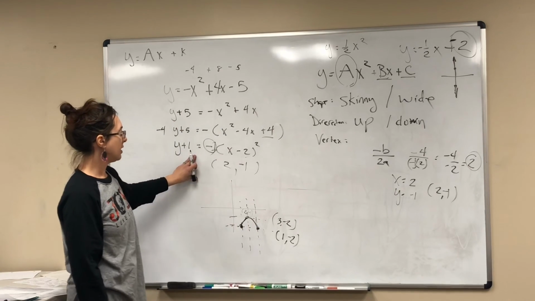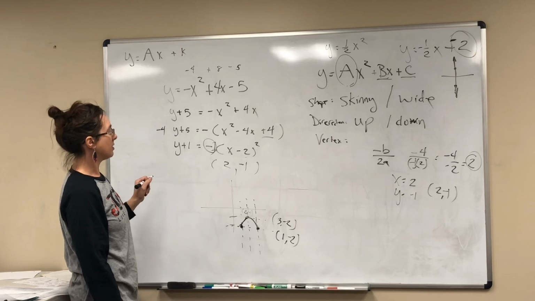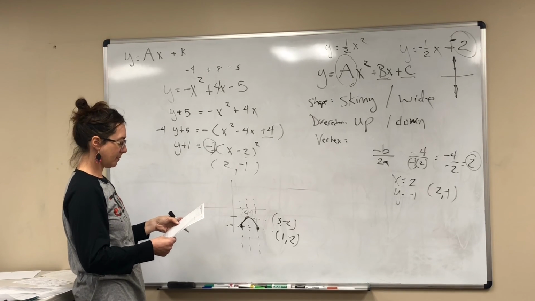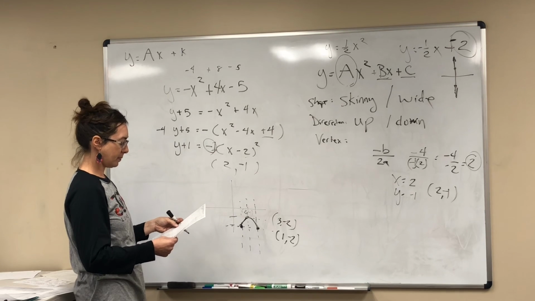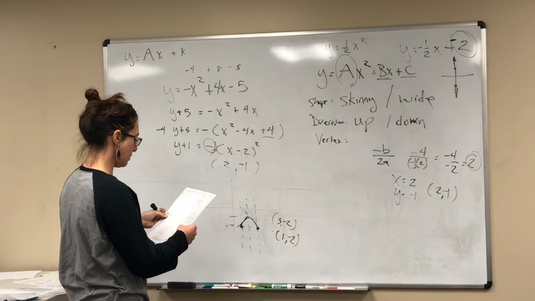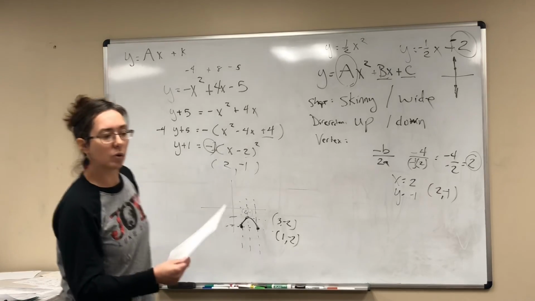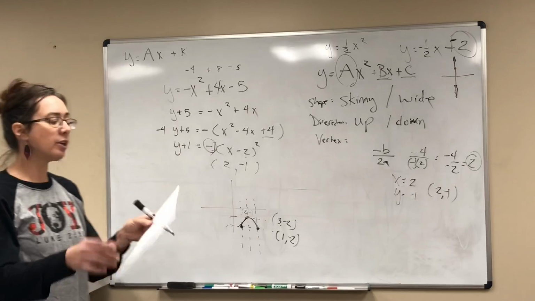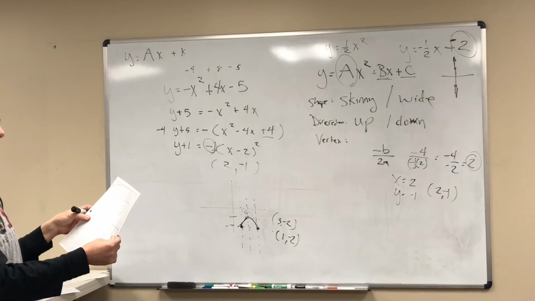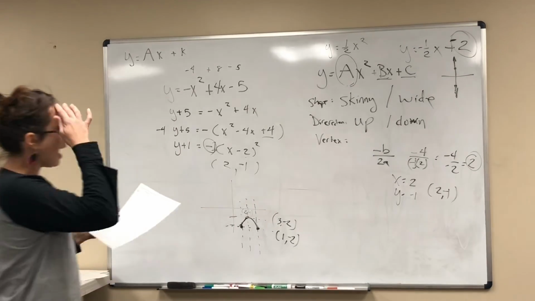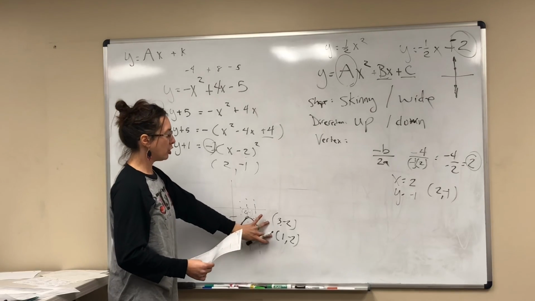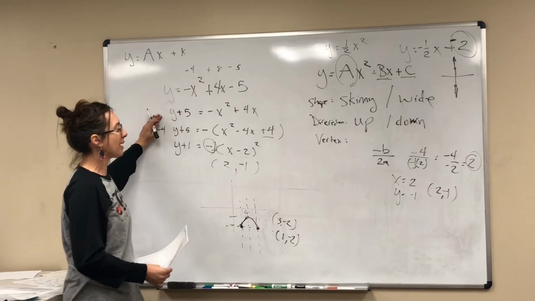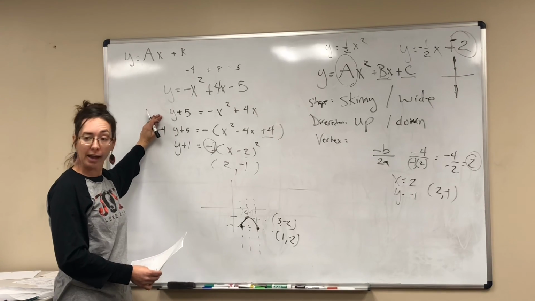Oh, like the table thing on the left side? Yeah, you can put them in the table. Do we fill out these questions like where it says directions, skinny, wide, origin, vertex? On this one, I don't necessarily want you to fill out the table. I would like for you to find your 2 points and then plug them back in to check to make sure that they are accurate and they work.